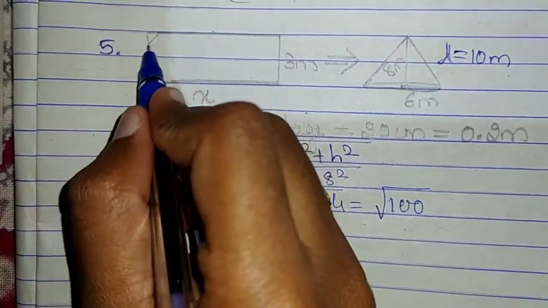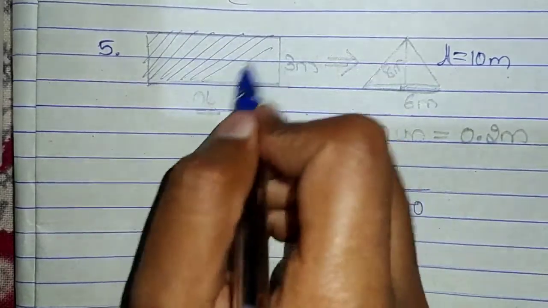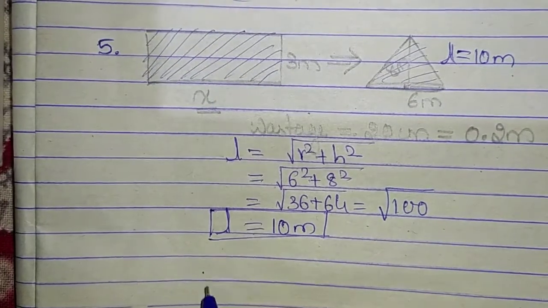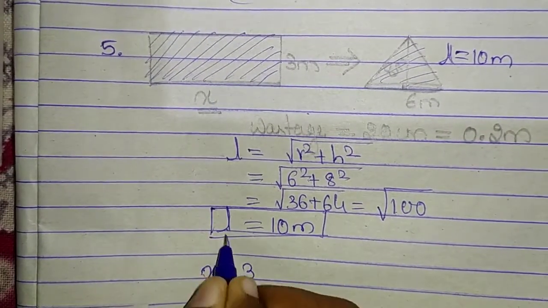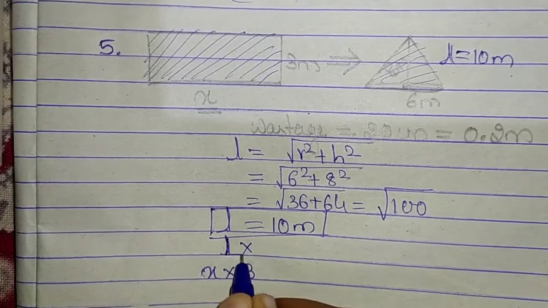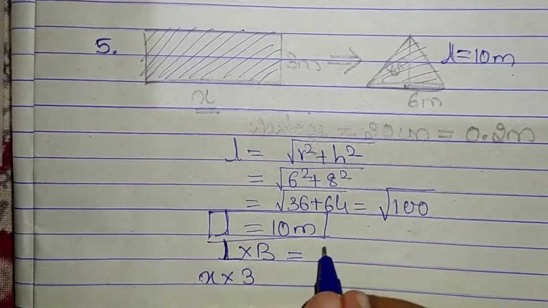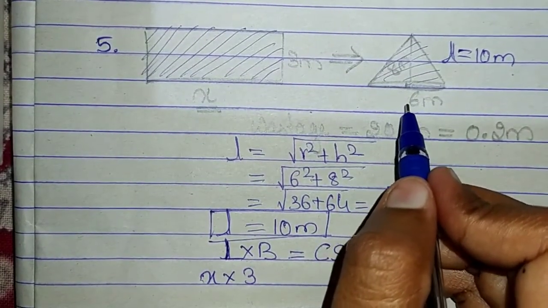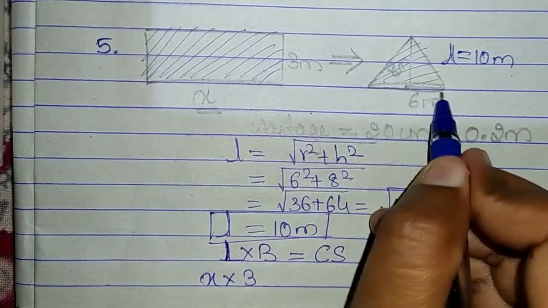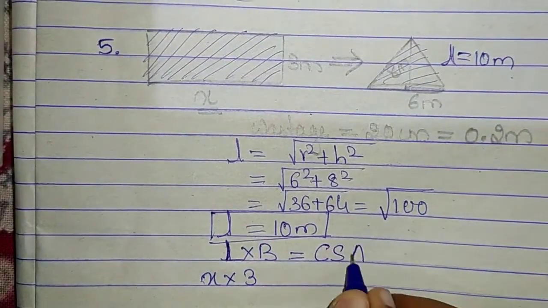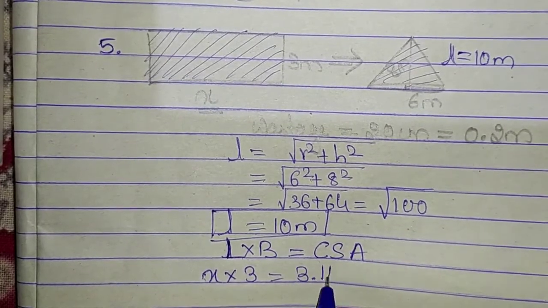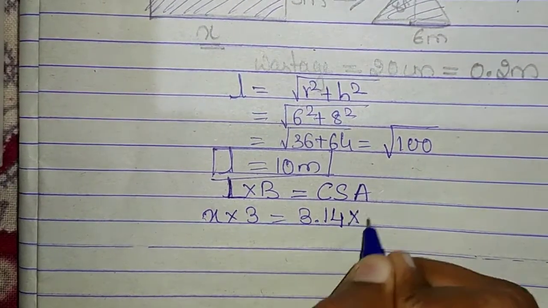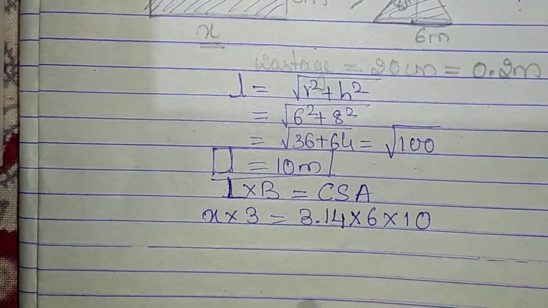Since this rectangular area was stitched into a tent, the area of the rectangle, that is x into 3, area of the rectangle is length into breadth, will be equal to the CSA of the tent, because when they say tent, there is no bottom surface, so it is only the curved surface area. So the CSA is equal to pi, they have told us to consider pi to be equal to 3.14, into radius 6, into slant height, which is 10 meters.